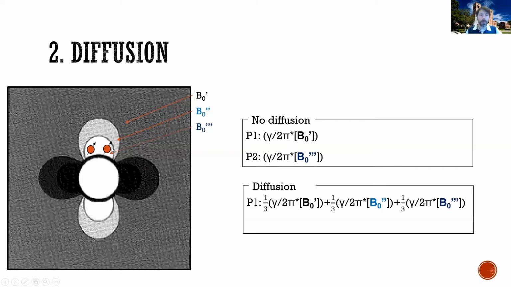This would mean that this proton resonated for 1/3 of the time at gyromagnetic constant over 2 pi times B0 prime, out here. Then it resonated for 1/3 of the time at gyromagnetic constant over 2 pi times B0 second, in here. And then it resonated another third of the time at gyromagnetic constant over 2 pi times B0 third.